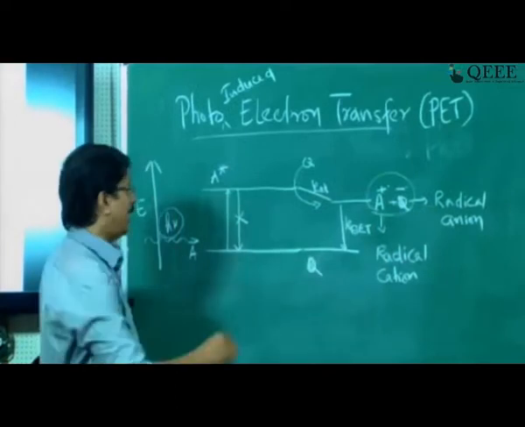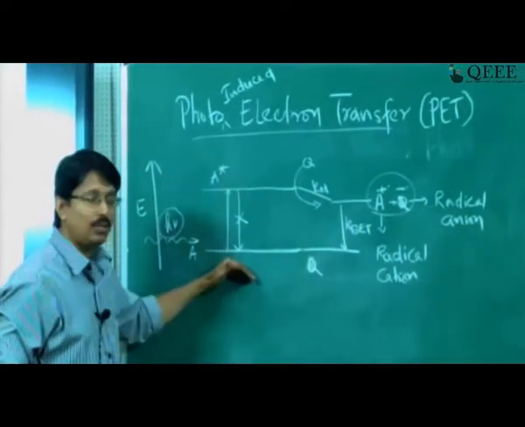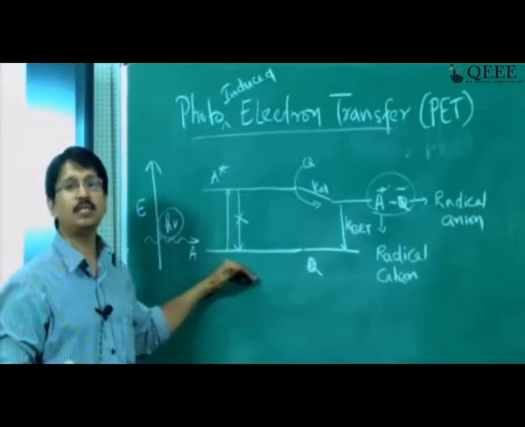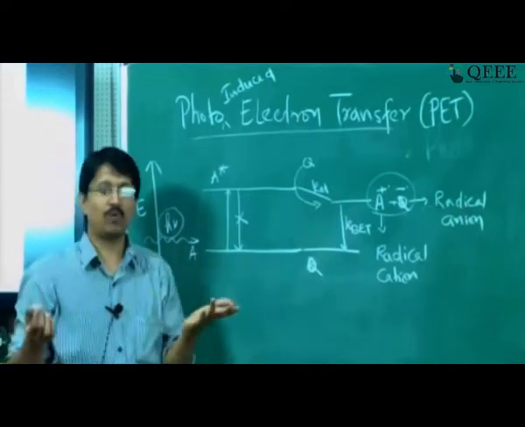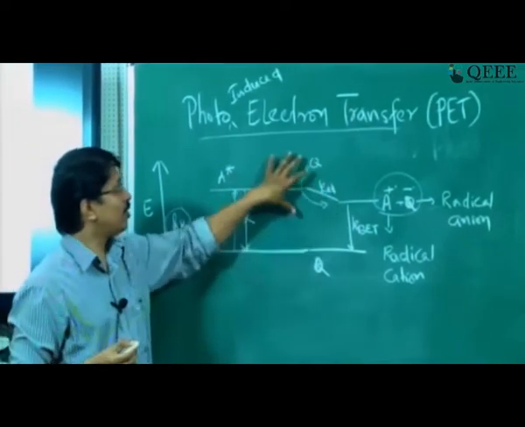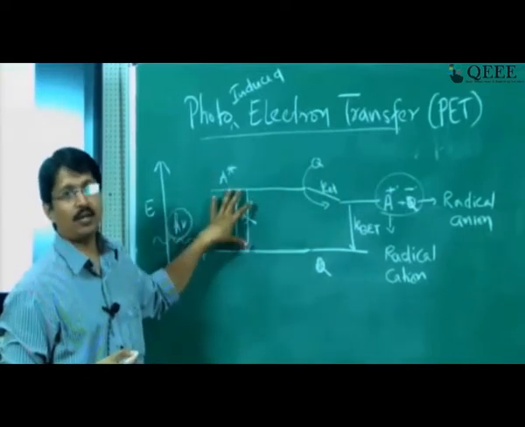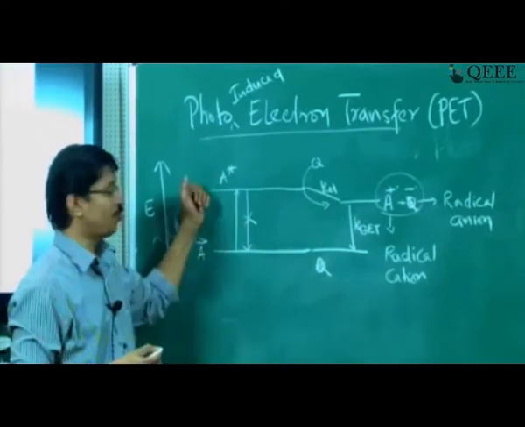As a direct effect, the number of A star coming back to A will reduce, that means fluorescence intensity will reduce, or in other words fluorescence quenching will happen. So photoinduced electron transfer will basically result in emission quenching from this fluorophore.